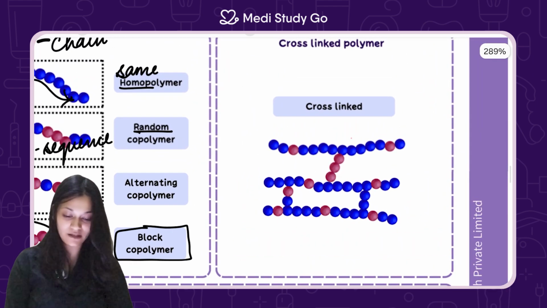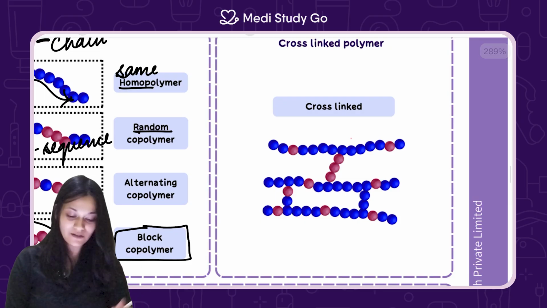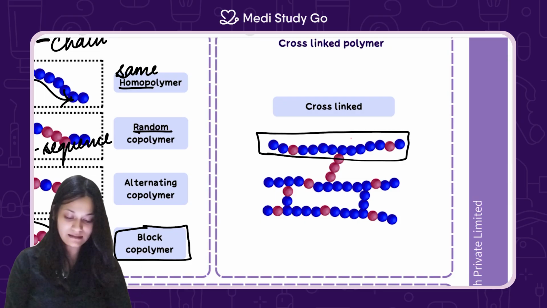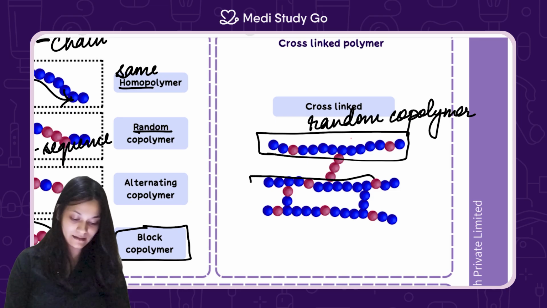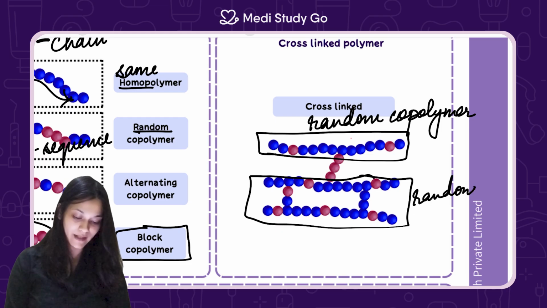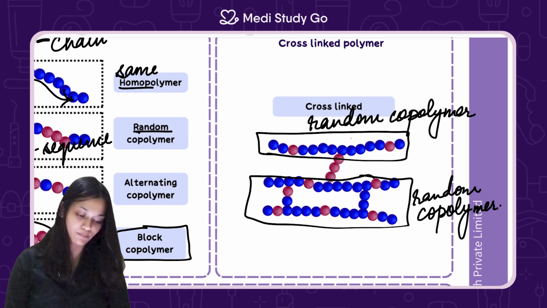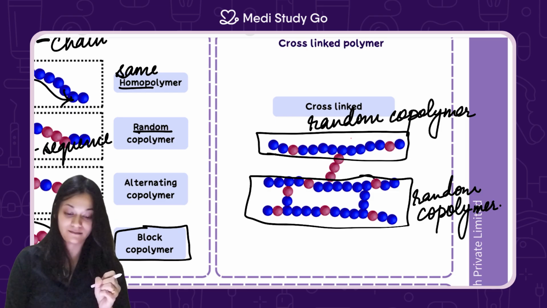And the last thing being your cross-linked. So what does cross-link say? Now what is this? This is nothing but a random copolymer, and it is branched with another random copolymer, and it has made a cross-linked polymer. So networking is cross-link.